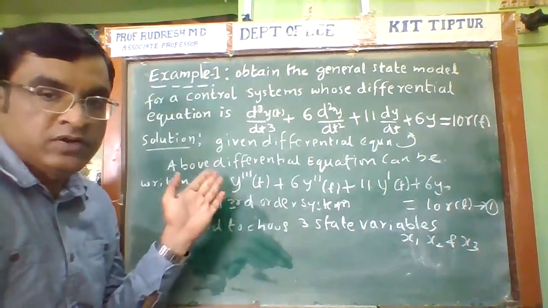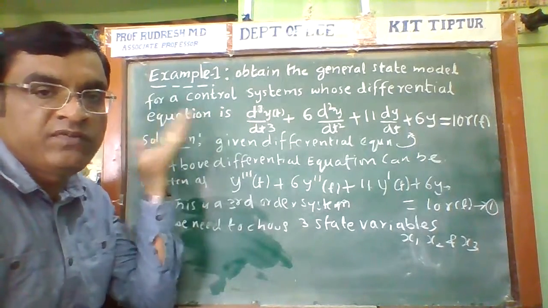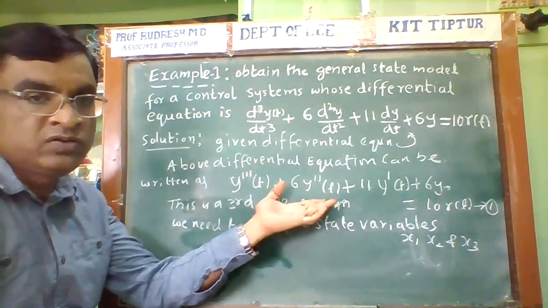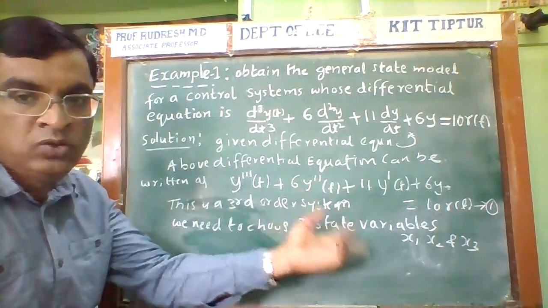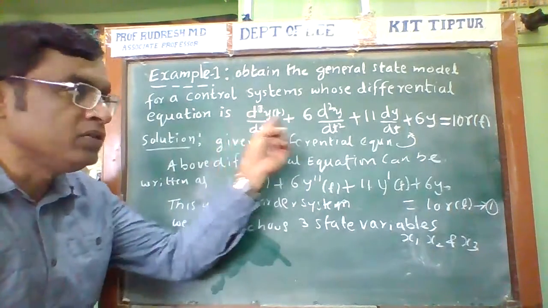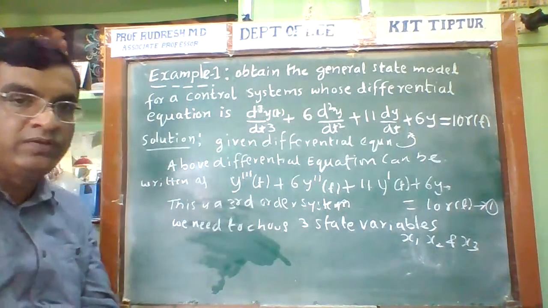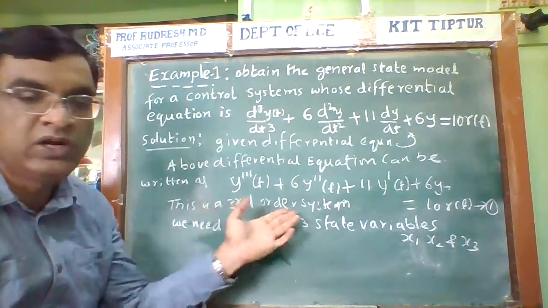This is a third order system. If the equation is a third order differential equation, then we need to choose three state variables. If it is second order, you need to choose two state variables. The number of state variables depends upon the order of the differential equation. Therefore, the given system is a third order system.